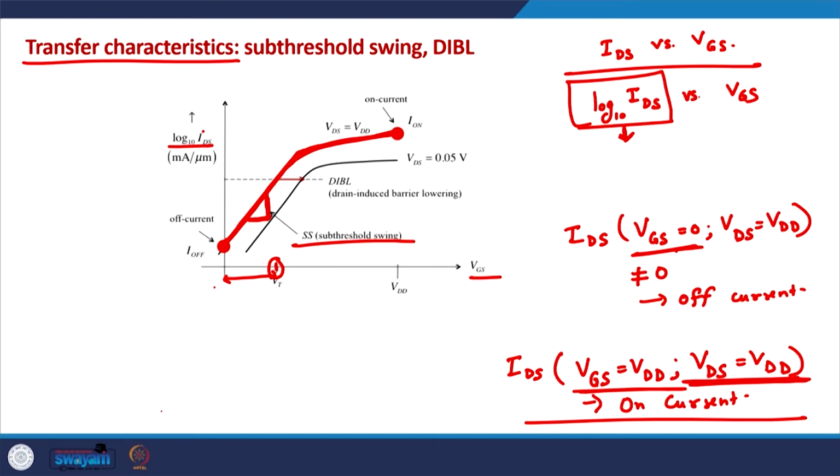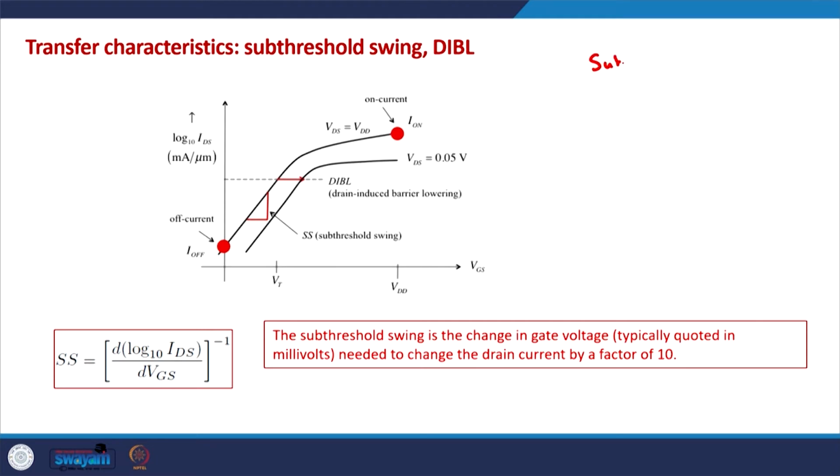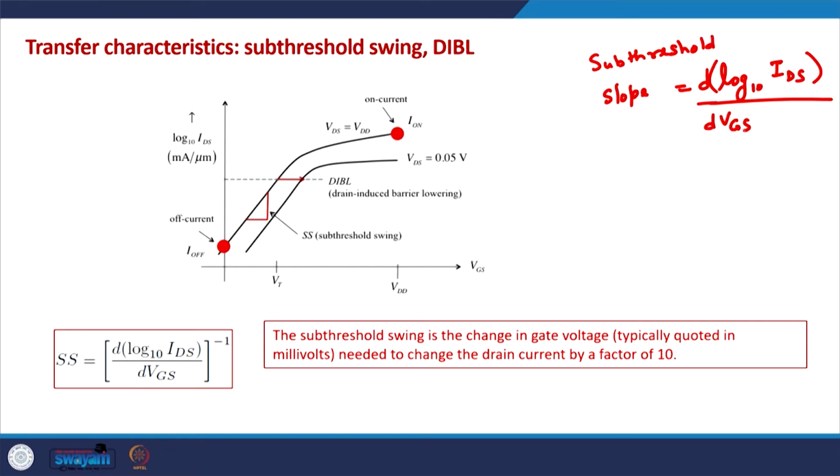As you have already understood by now, the sub-threshold slope should be the change in log IDS divided by dVGS, and the sub-threshold swing is defined as the inverse of this.